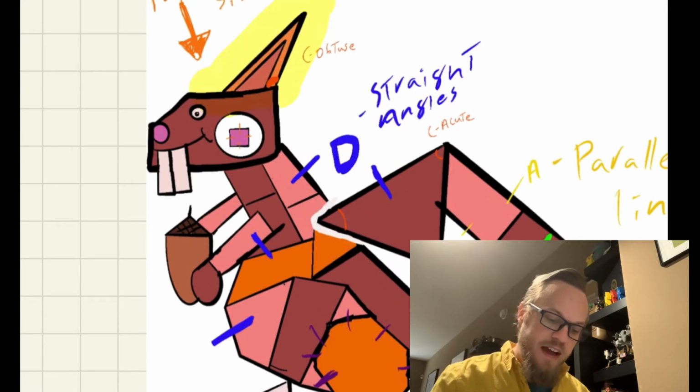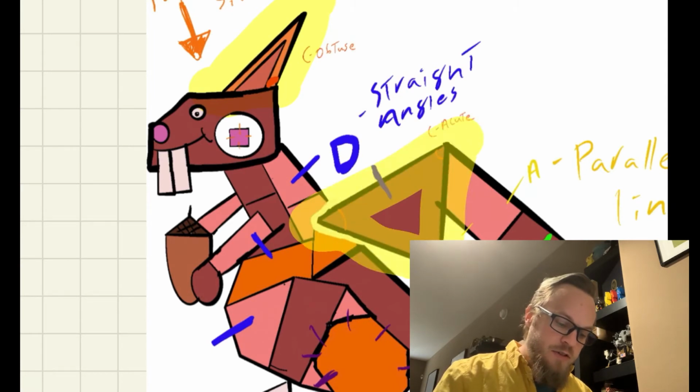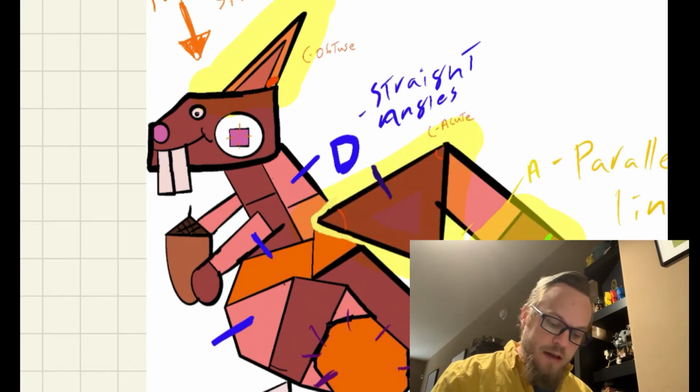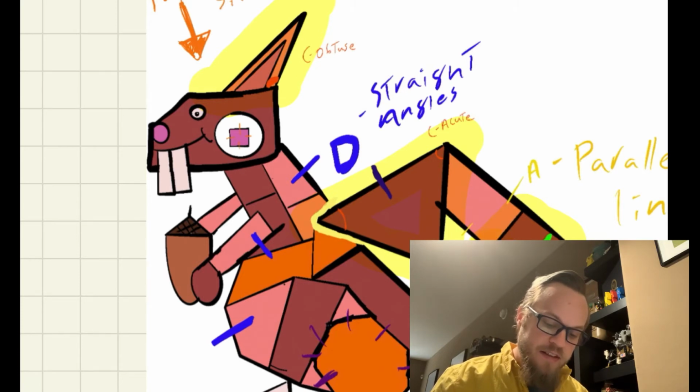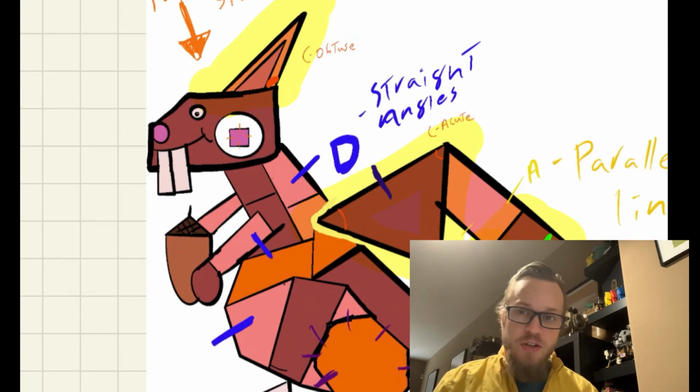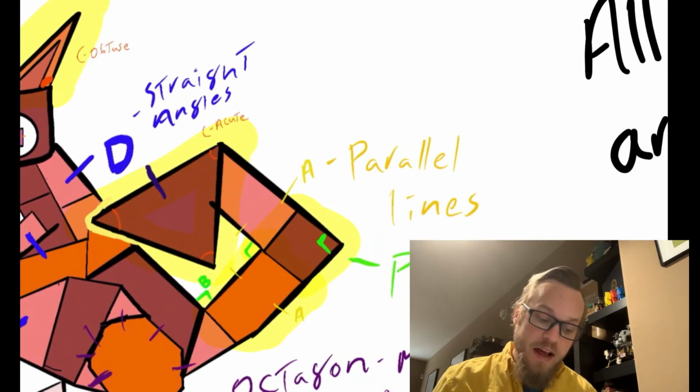You can see that I have triangles, more triangles, squares, and rectangles all in here to make my squirrel. I've also labeled my squirrel, which is important. That's the important part, so that I know what I applied.